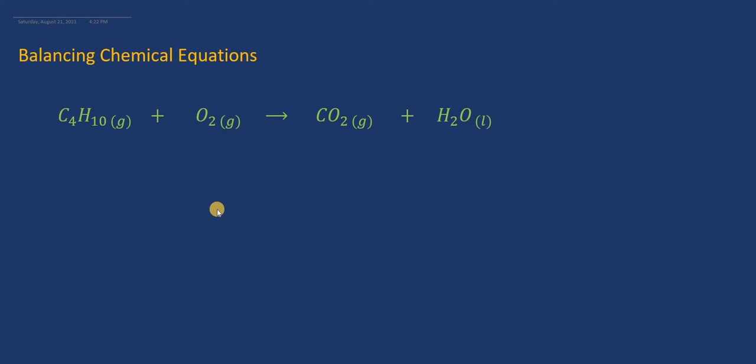So the key to the algebraic method is to assign each compound in your reaction a letter as its coefficient. Since we have 4 compounds here, I'm going to make this one A, this one B, this one C, and this one D. Now for each element in each compound, we're going to take the number of that element and pair it with the letter in front.